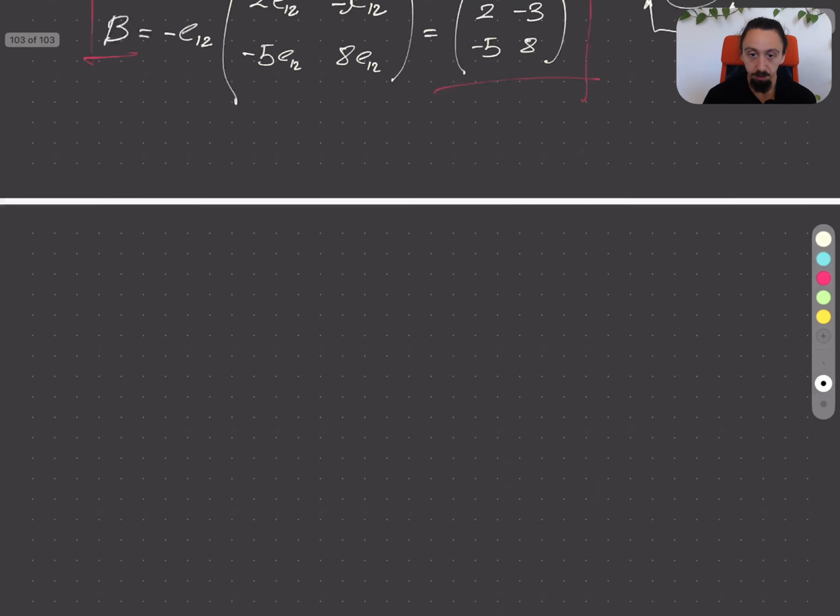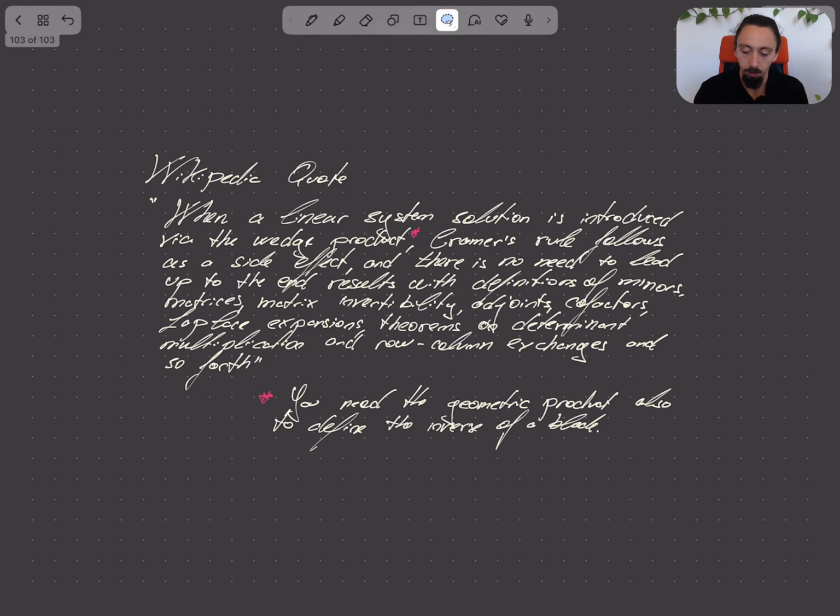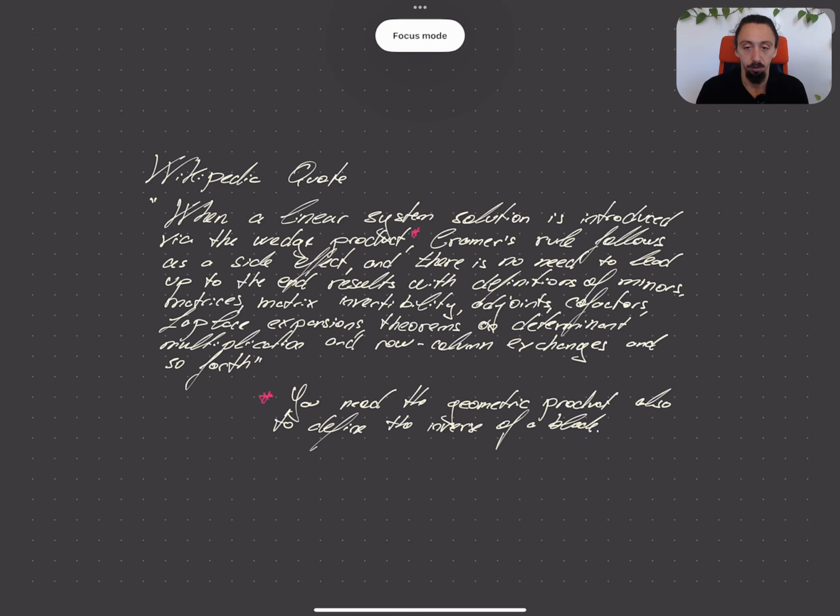And here I want to show you this Wikipedia quote that says, when a linear system solution is introduced via the wedge product, and here I add a quote because you don't need only the wedge product, you need the geometric product, otherwise you cannot define the inverse of a multivector, as we did before.